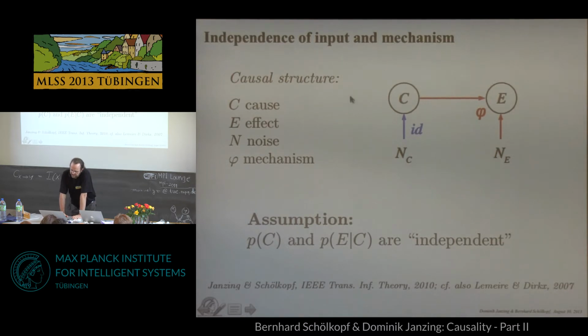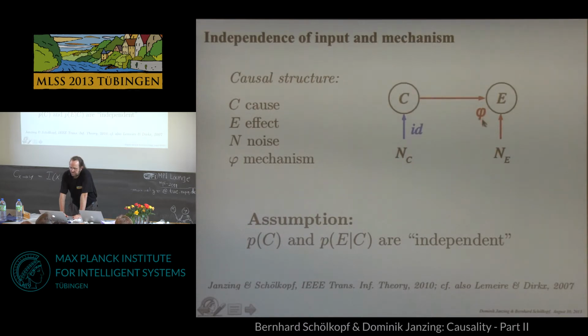So the graph is like this again. Remember, we can identify the cause and its noise variable. And then we have some function, here written like phi, that computes the effect variable depending on the value of the cause variable and the noise that affects the effect variable.